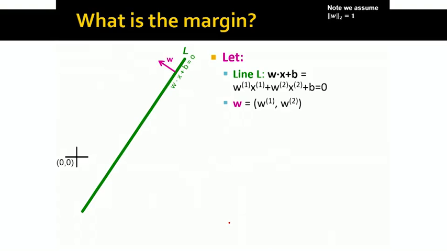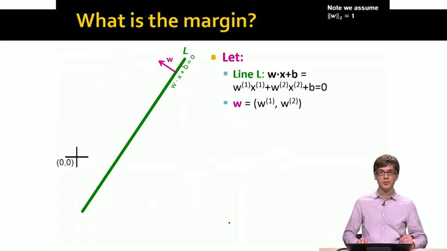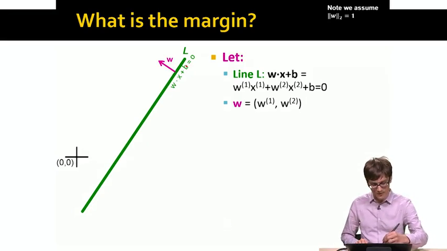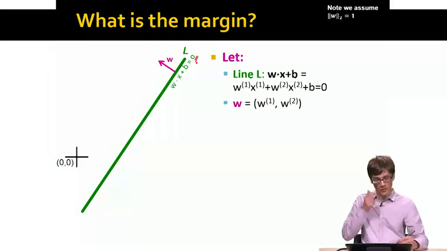This is important because we can now actually compute the margin of a given data point. Let's think about it as follows. We have our line, which we'll call capital L. We simply define this line as w times x plus b equals 0. This cross here is the coordinate origin.